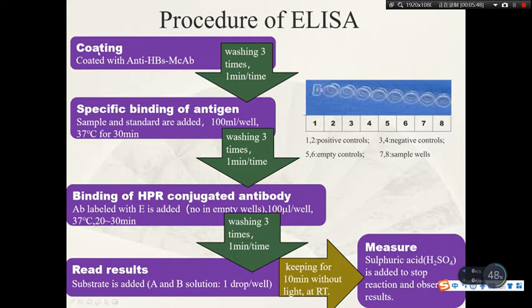Step 1. Coat the plate with capture antibody and wash the plate 3 times. Step 2. Specific binding of antigen. We add 100 microliters of sample and standard control.